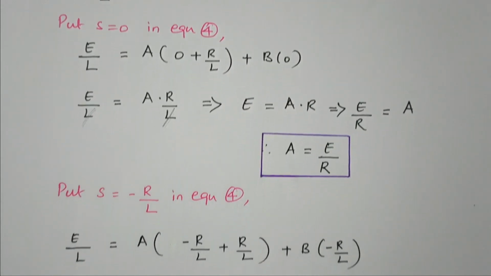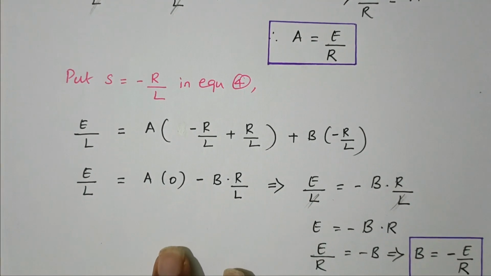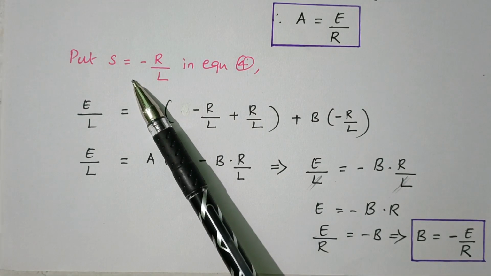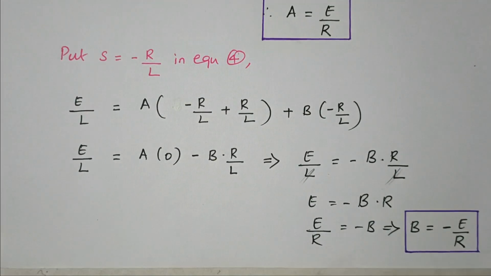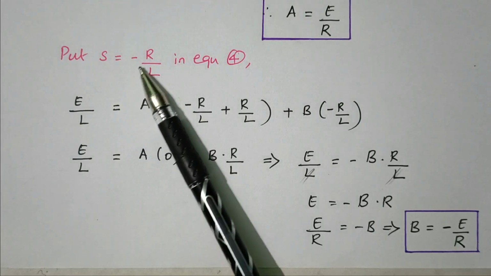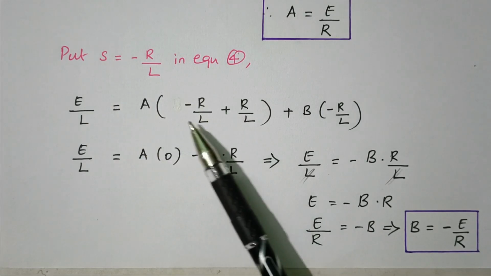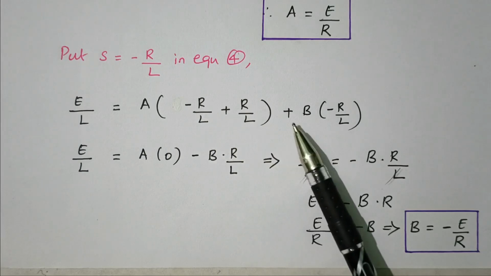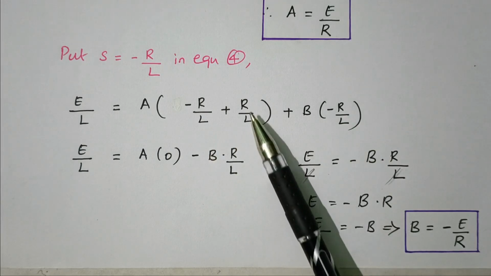Right. Now we need to find the term B. In order to find B, we are substituting S equal to minus R by L. This S is substituted as minus R by L in equation number 4. So E by L equals A into S, where S is replaced by minus R by L, plus R by L, plus B into minus R by L. So this is minus R by L plus R by L, so got cancelled.